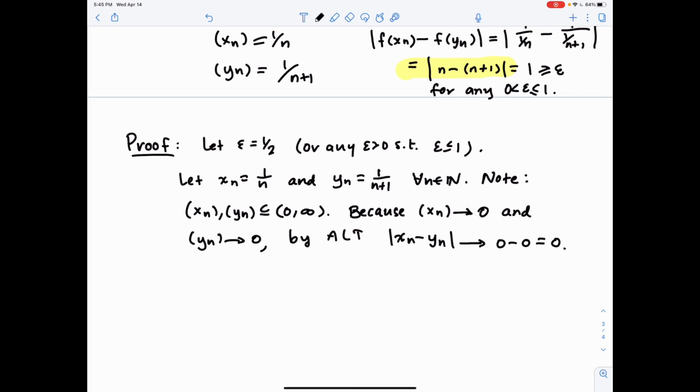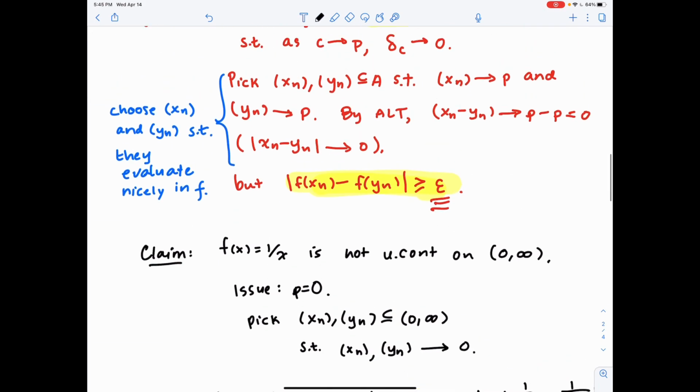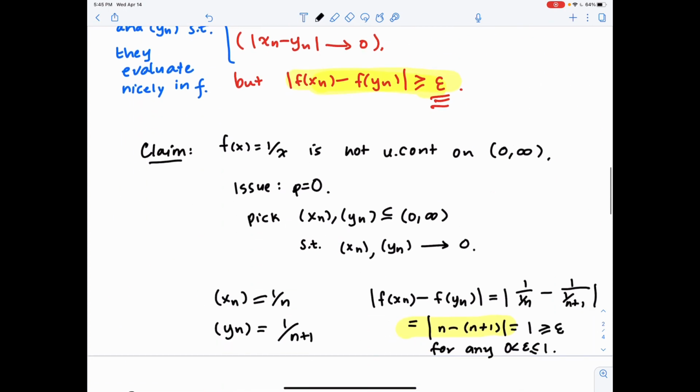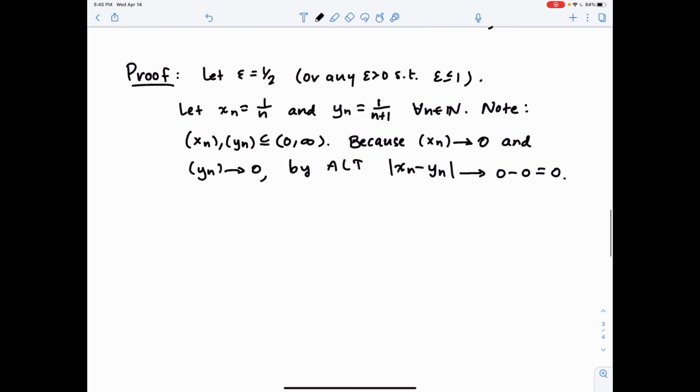What I'm doing here, the reason why I'm doing this is because notice that the conditions here, I have to show two things. Once I introduce my sequences, I need to show that the difference of the input values in your sequence is going to 0, and then I need to evaluate the function and show that those values are too far apart.